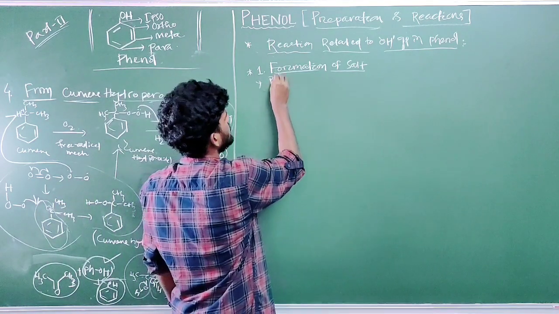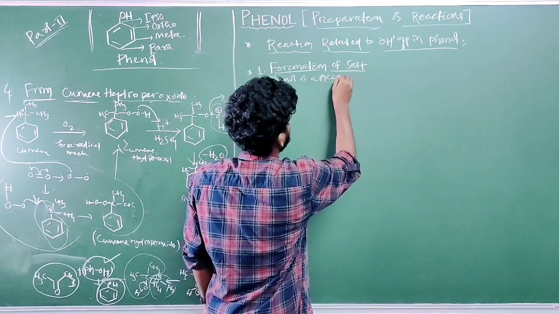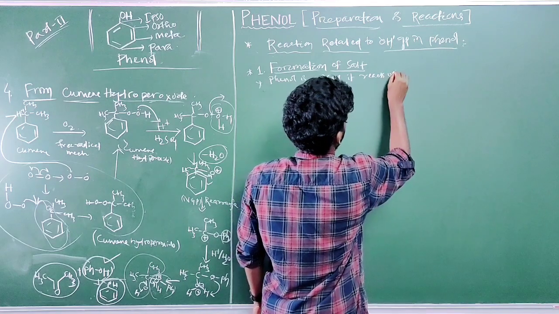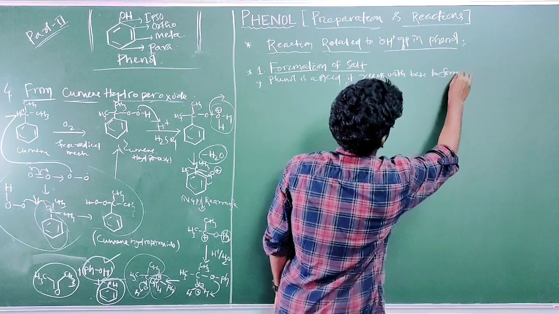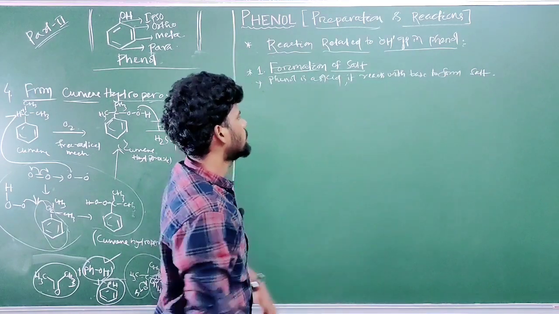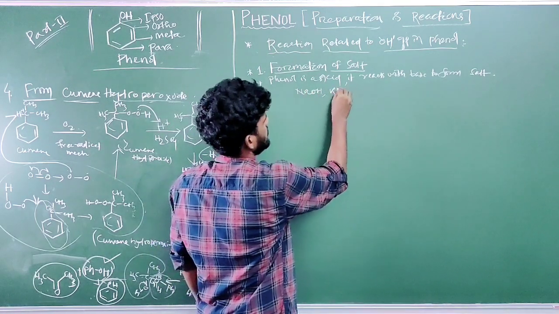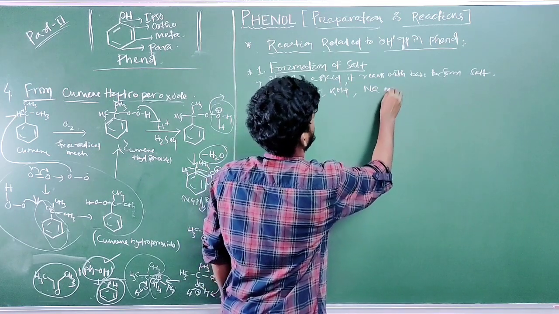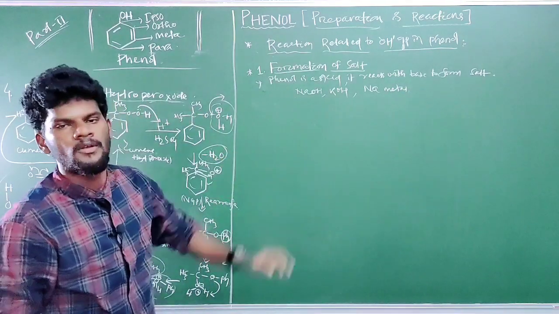So write: as phenol is an acid, it reacts with a base to form what? To form salt. Okay, so what are the bases here? We can take the bases sodium hydroxide, potassium hydroxide, okay, also sodium metal, Na metal.